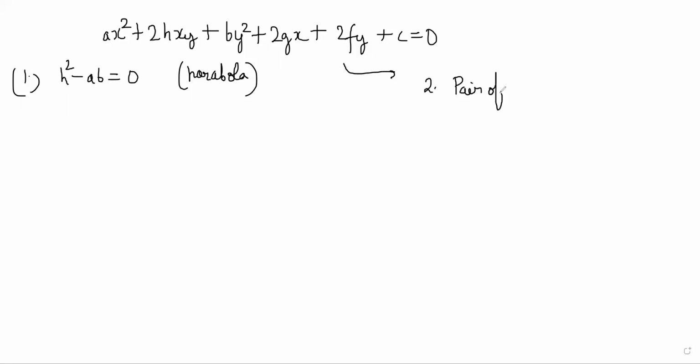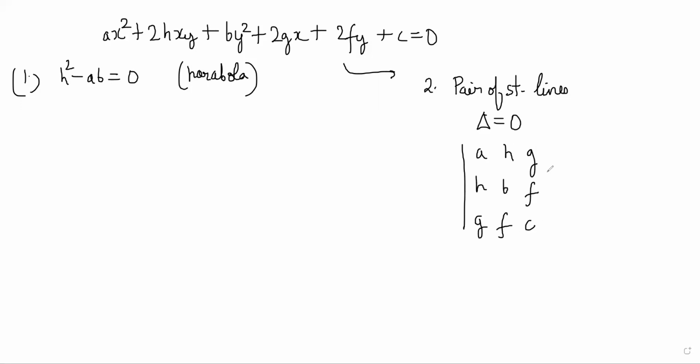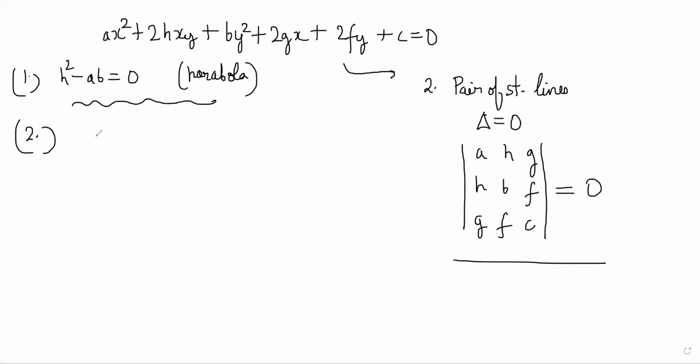The pair of straight lines condition was delta is equal to 0, and delta was the determinant with rows a h g, h b f, g f c, right? For it to be a parabola, you have two conditions actually. You should say delta is not equal to 0 so that it doesn't become a pair of straight lines, and then h square minus ab should be 0, right?